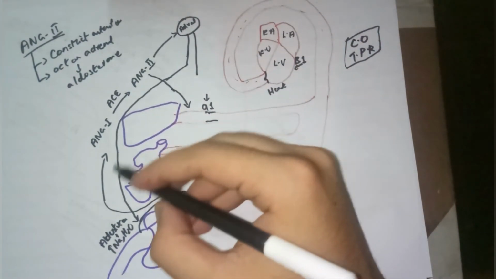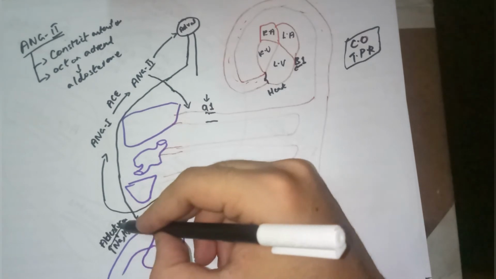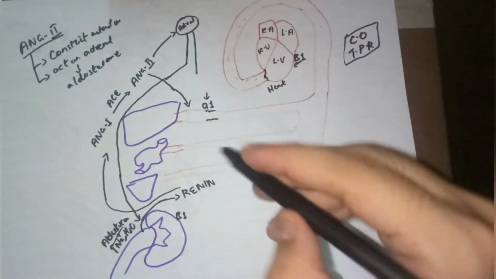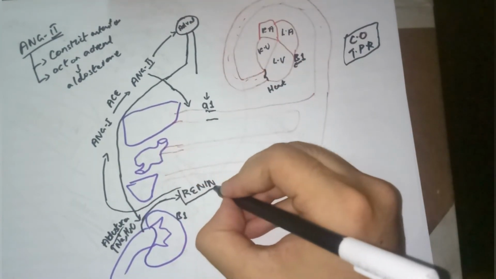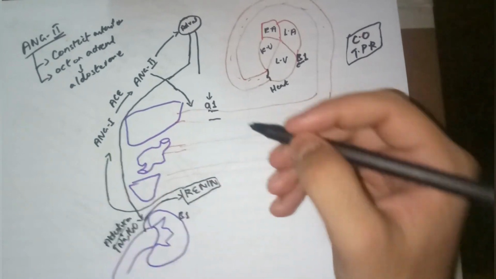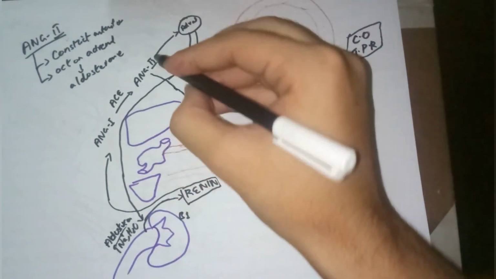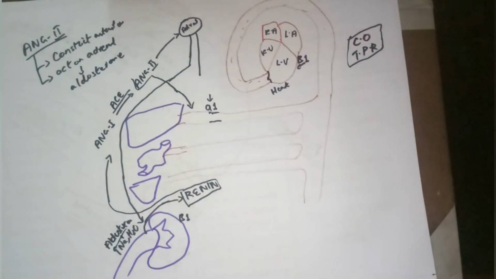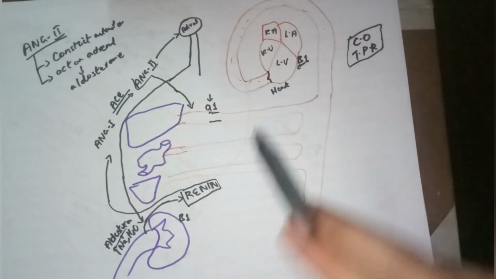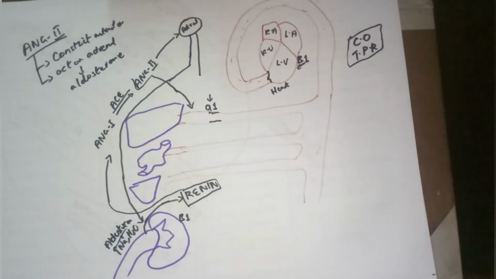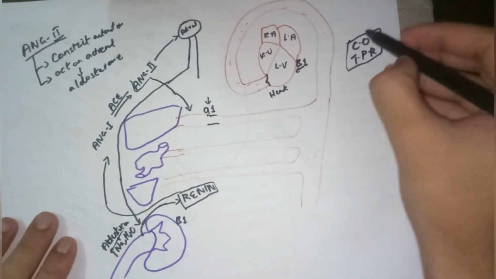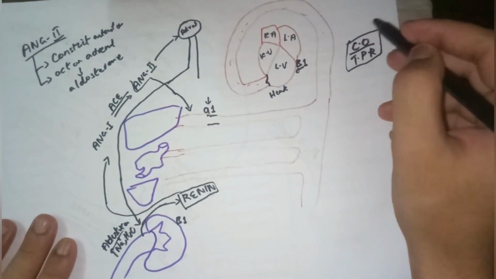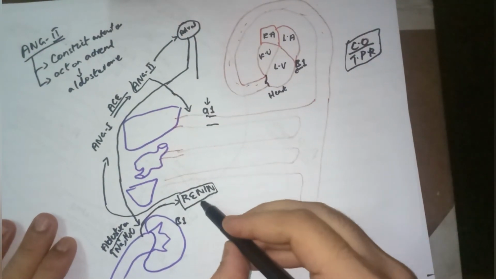So when renin is secreted, it will increase the blood volume and constrict the arterioles. So the most dangerous factor is renin. If we can block renin, angiotensin, the ACE enzyme or any of these receptors, then it will help.